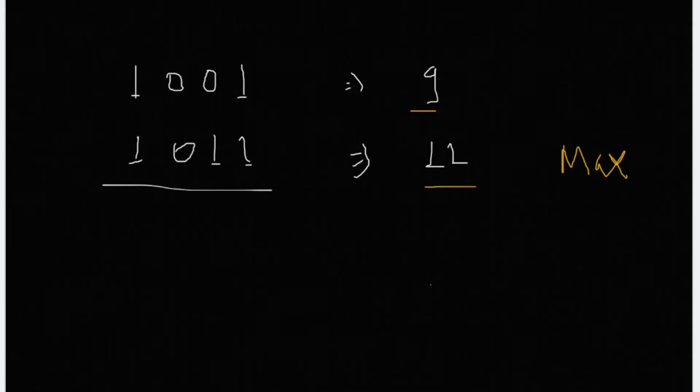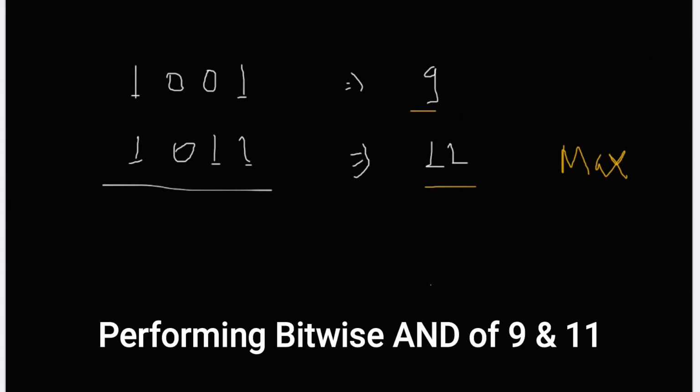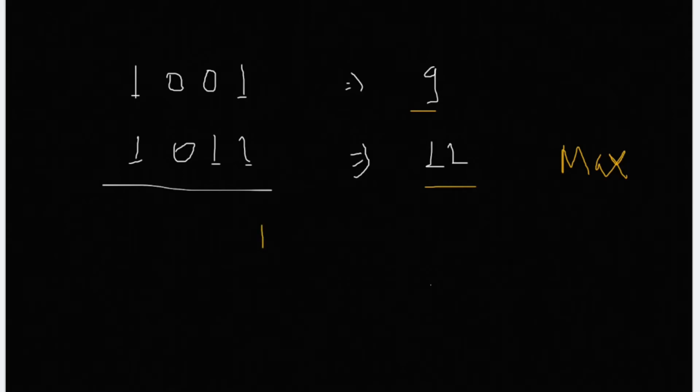So let's take these two numbers 9 and 11, and these are the binary representations of 9 and 11. So we are aware that 11 is the maximum value among the two. We know 1 and 1 make 1, 1 and 0 makes 0, 0 and 0 make 0, and 1 and 1 make 1.